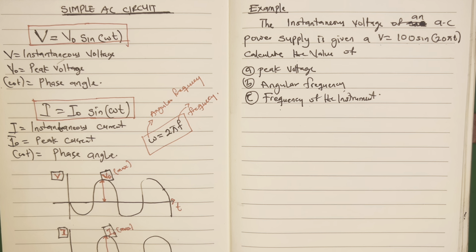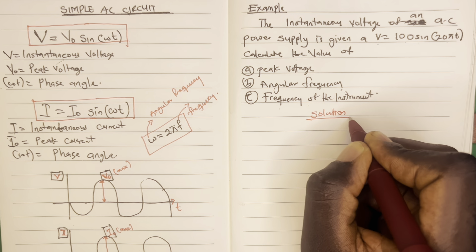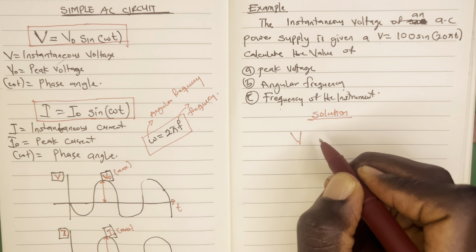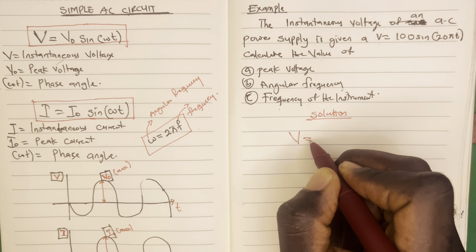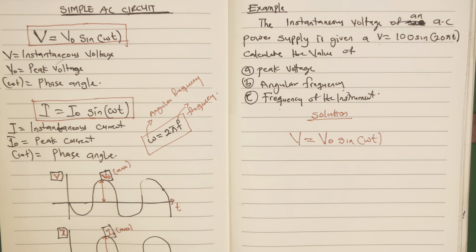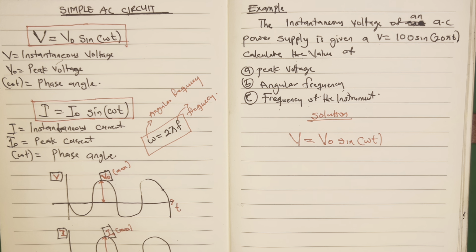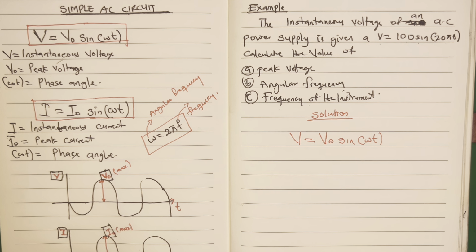Anytime you see a question like this, the first thing to think of is the equation for the instantaneous voltage or current, as the case may be. So the solution: the instantaneous voltage is equal to V peak sine omega t. Then you need to learn how to compare these two equations.